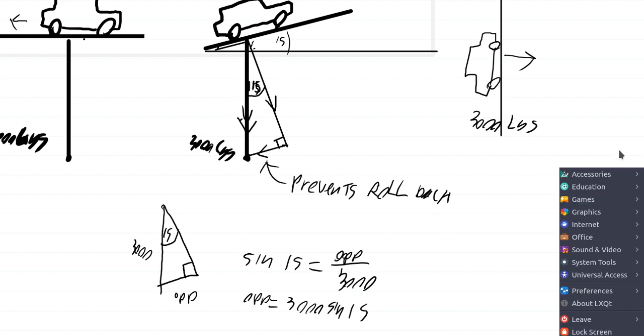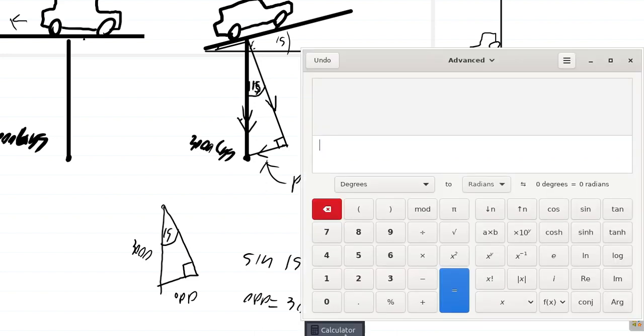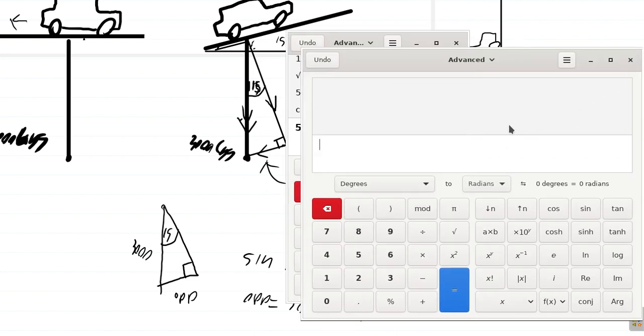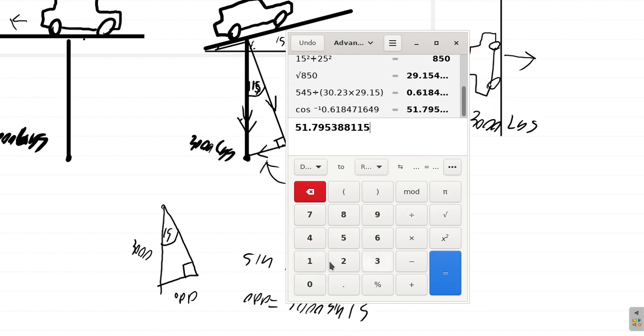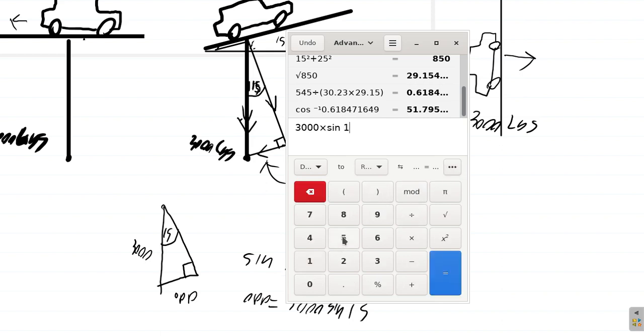Calculator. Now, we get to our calculator and see what happened. So, clear calculator, 3,000 times the sine of 15 degrees. And by the way, is it degrees?